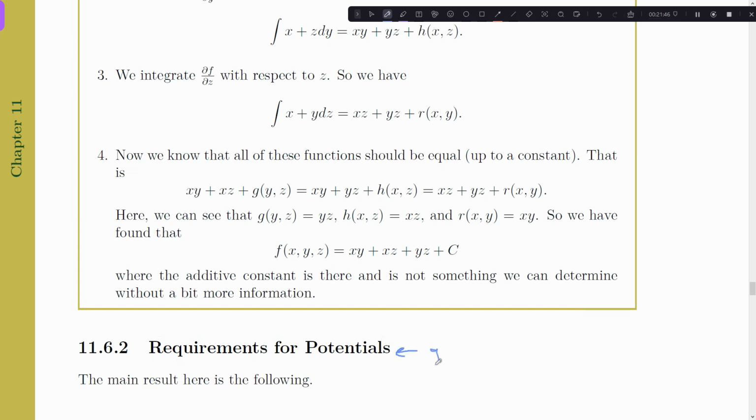So this is, given V, a vector field, is V equal to the gradient of f for some f? Very important question right there. Well, let's see.